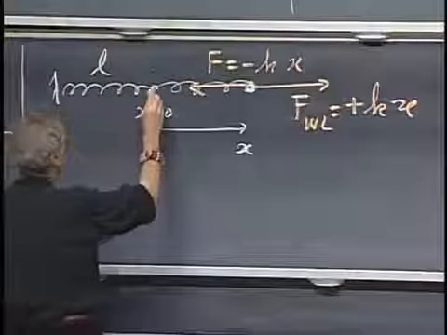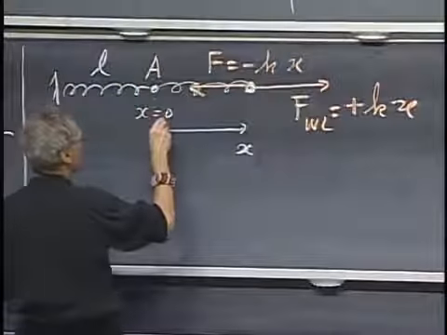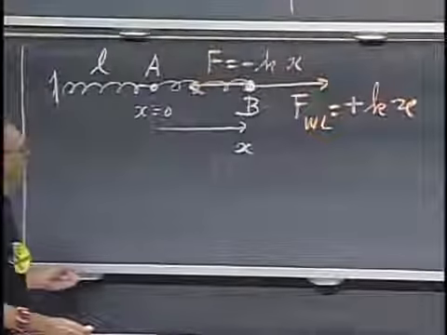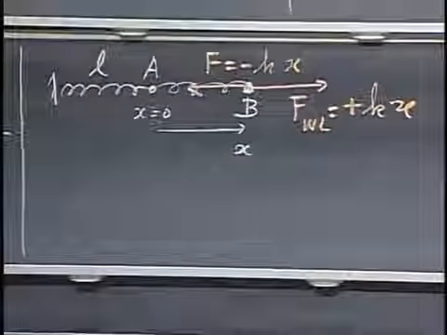If I call this point A at x equals 0, and I call this point B at x equals x, then I can calculate the work that I have to do to bring it from A to B. So the work that Walter Lewin has to do is the integral going from A to B of my force dot dx.